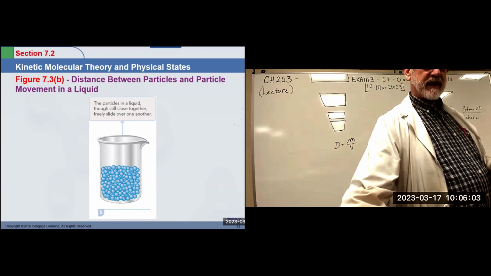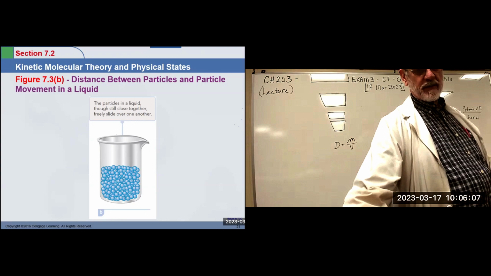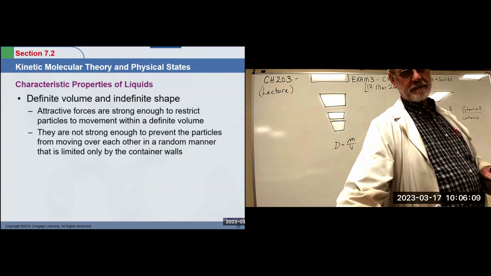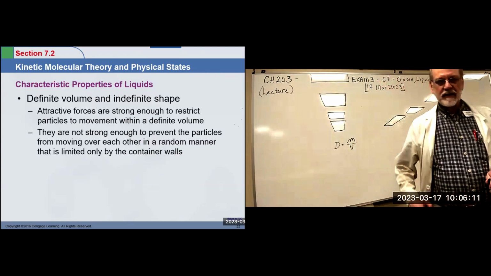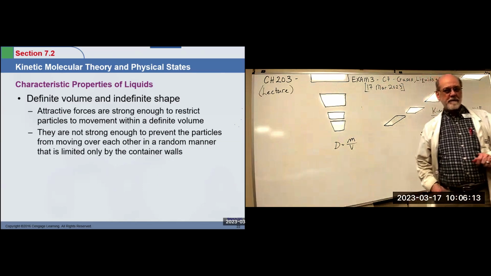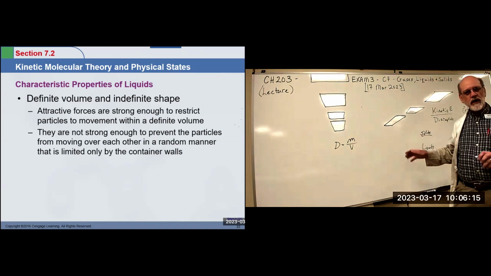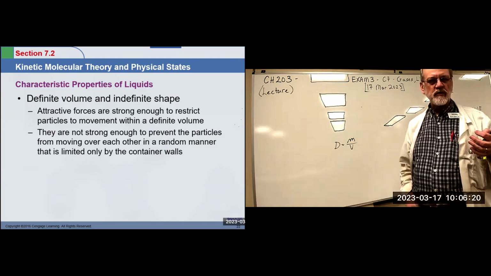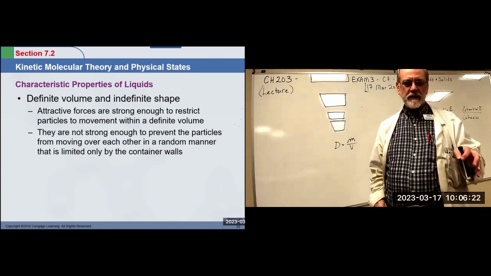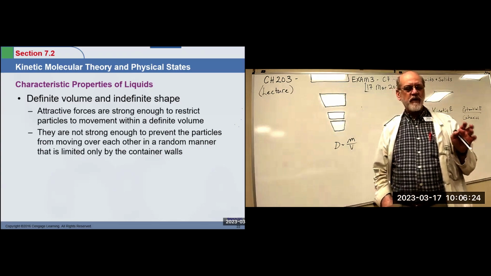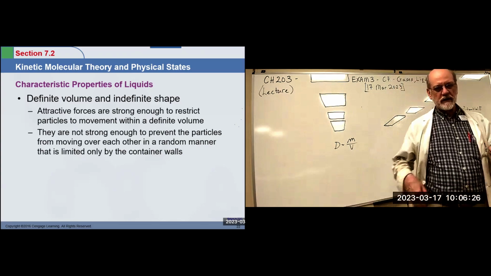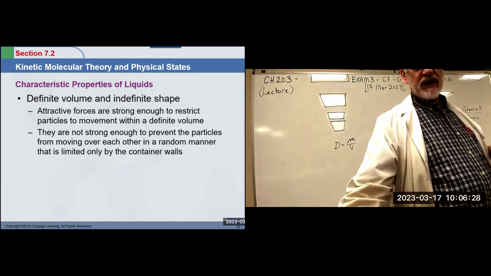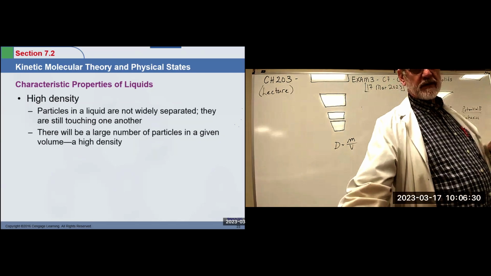And they have to have a container to maintain their shape. The cohesive forces are still strong enough to restrict particles' movement within that volume, but they're not strong enough to prevent the particles from moving over one another. And they're only limited by the container's shape.